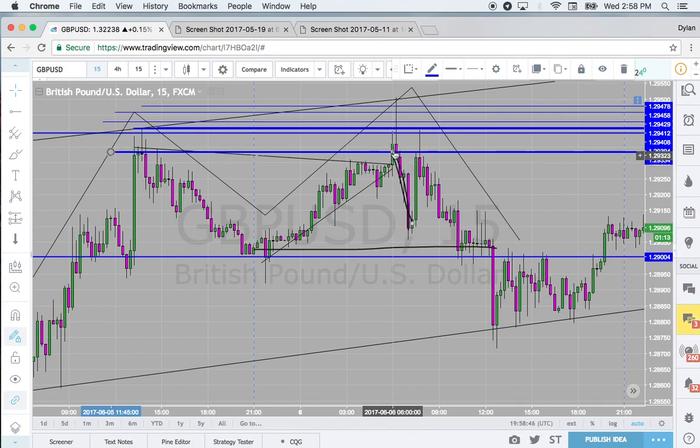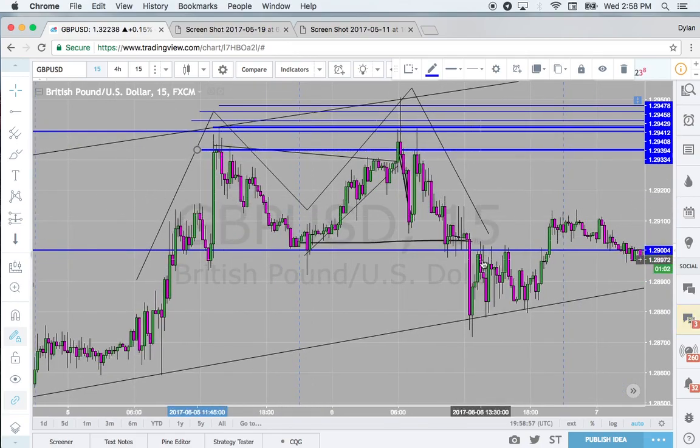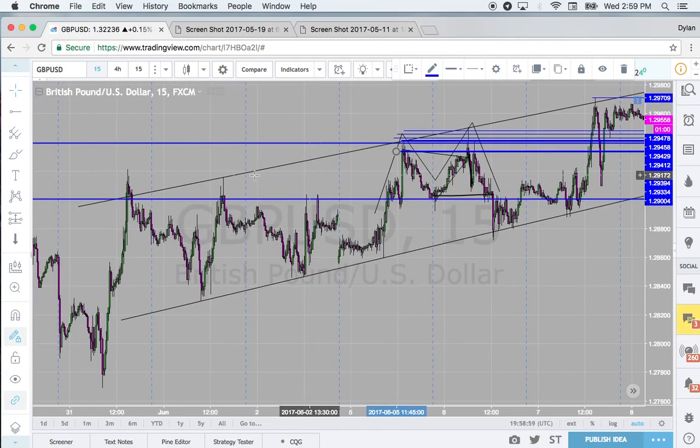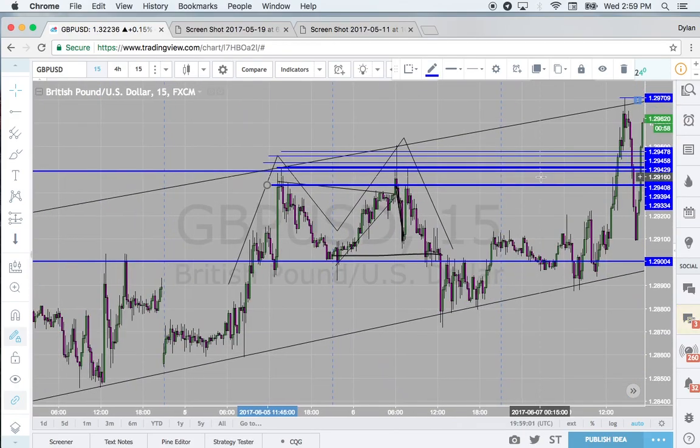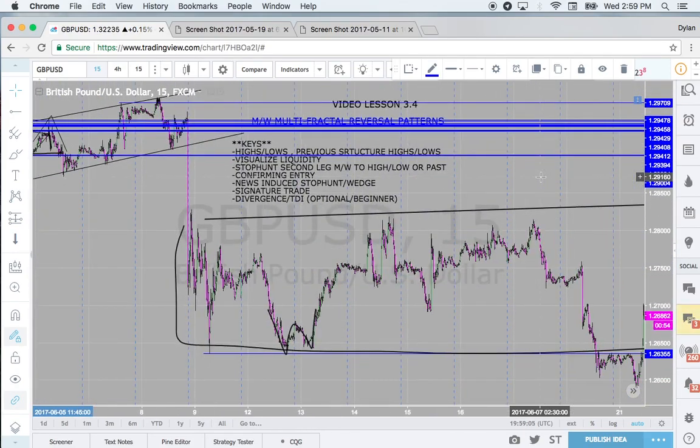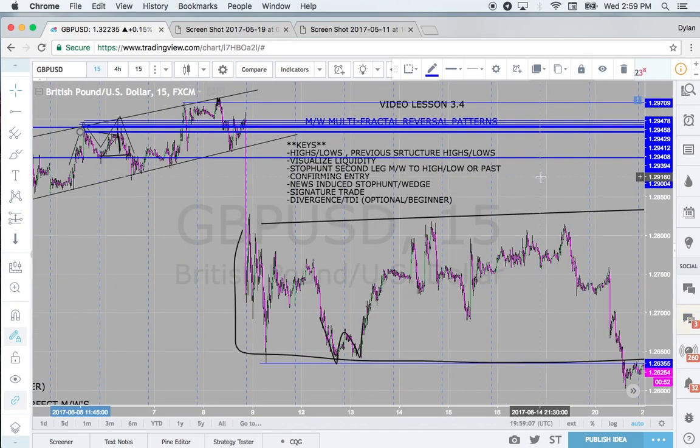But you would have wanted to wait for this next candle to close until you enter your sell, especially when going against the trend. Because when you're going against the trend, you want all the odds in your favor, or at least as many odds as you can get in your favor.